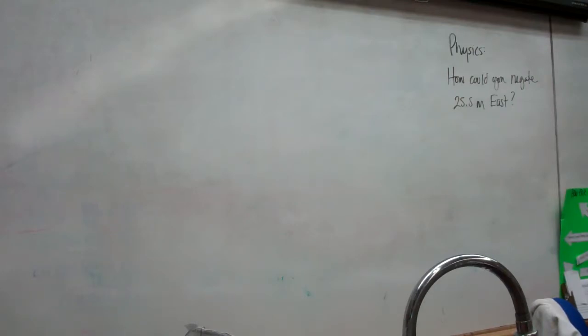Or you can jot it down in your notes so that you all have an idea. Jot down your best idea. I know you have lots of good ideas. How could you cancel out or negate 25.5 meters east?